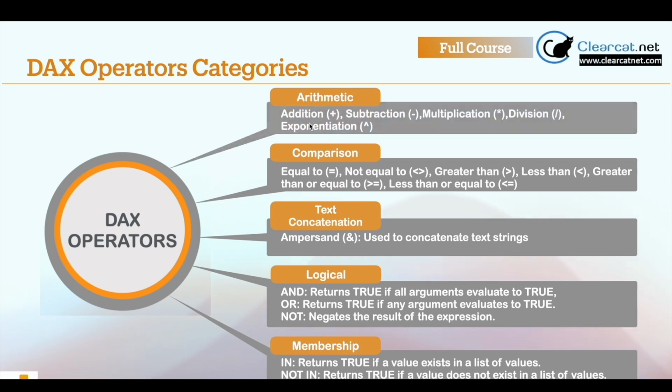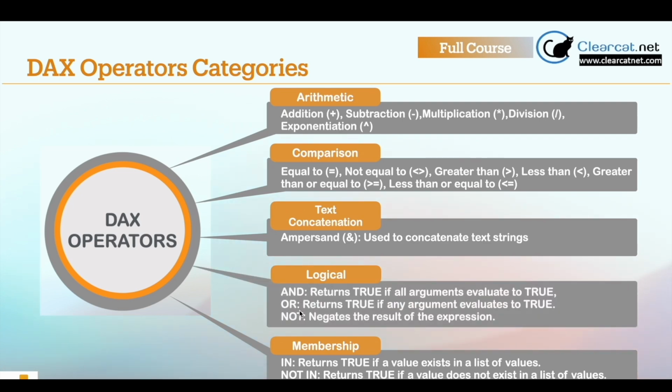Arithmetic: addition, subtraction, multiplication, division. Comparison: equal to, greater than or equal to, less than, greater than. Text concatenation: we concatenate text strings in our columns or tables in our data model.